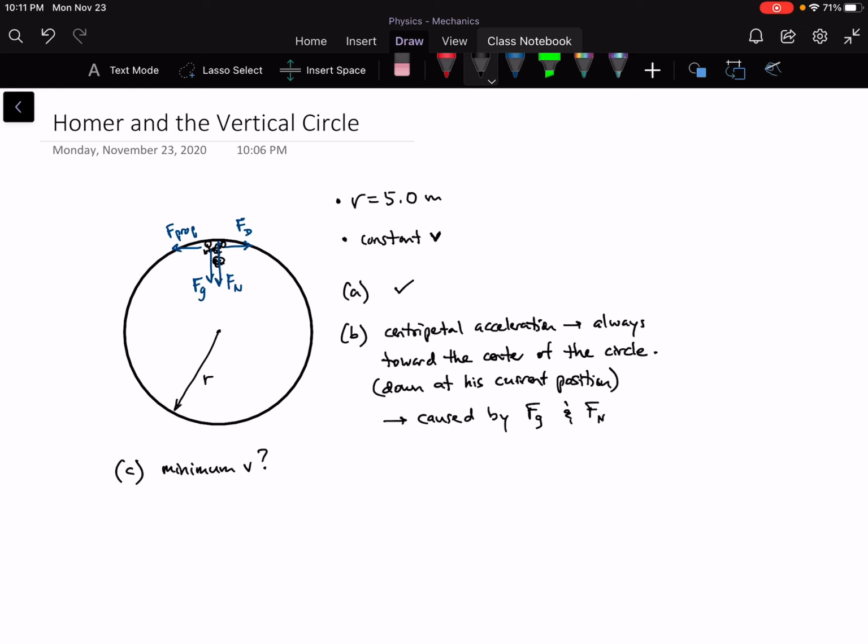Okay, well, imagine that he was going really fast. Well, to keep him on the circle, F sub N would have to be really quite large because F sub G doesn't change, right? So if he were to go slower and slower, then you wouldn't need as much, because remember, v squared is proportional to F sub C, and F sub C is equal to the sum of those two forces.